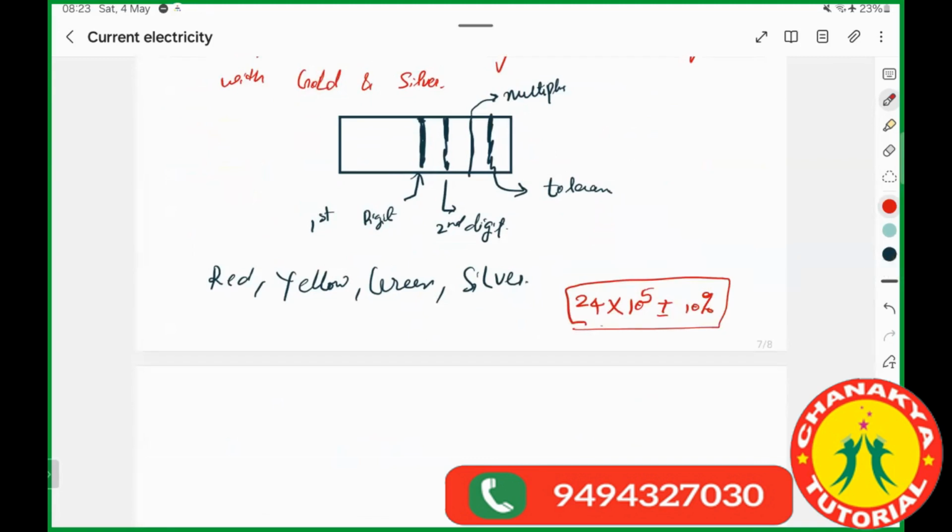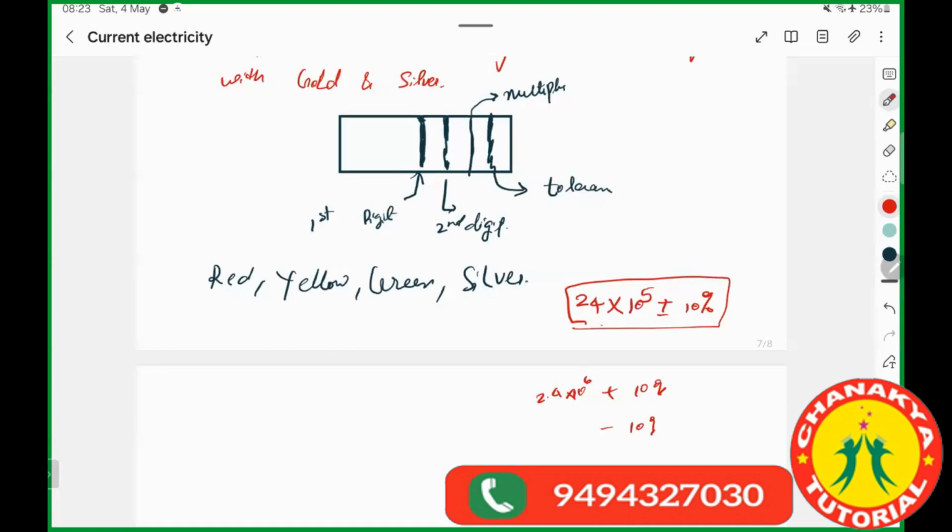Okay, so we'll get these types of questions in JEE. Like we should find the value, or we should just write the sequence. Exactly. But there is another way of writing this. Now 24 into 10 to the power 5, I can write as 2.4 into 10 to the power 6. 6 means mega. So 2.4 into 10 to the power 6, plus 10% minus 10%.